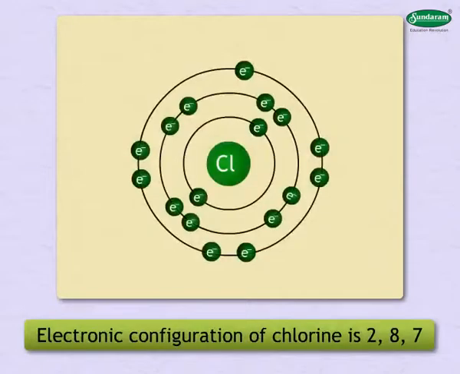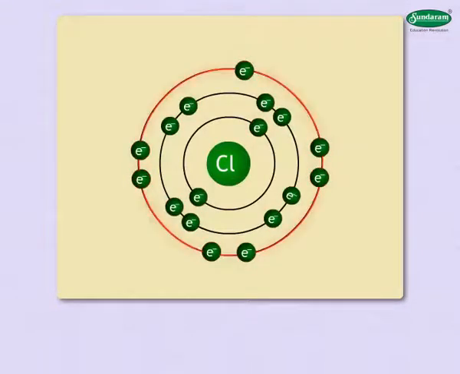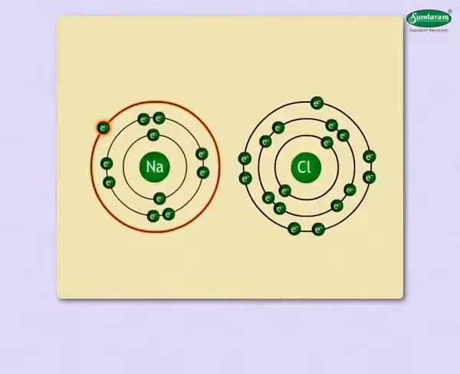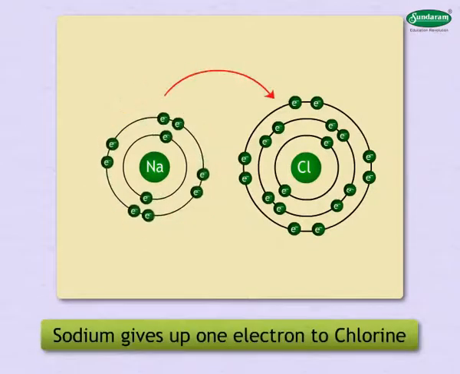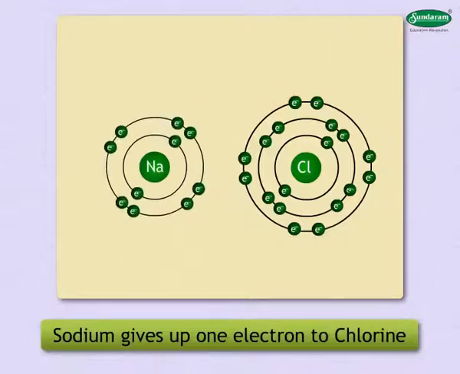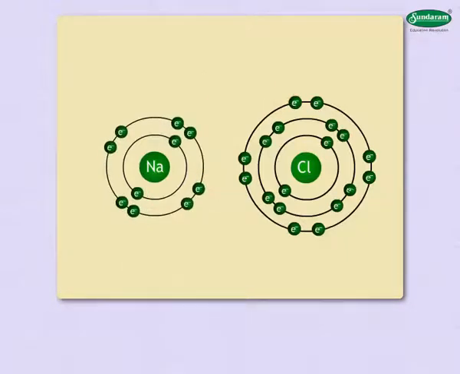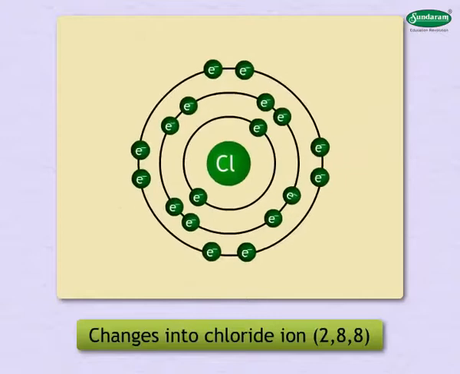The electronic configuration of chlorine is 2, 8, 7. It needs 1 electron in its third orbit to complete its octet and become stable. When sodium and chlorine atoms come together, sodium gives up 1 electron to chlorine. It takes up this electron and changes into chloride ion, 2, 8, 8.